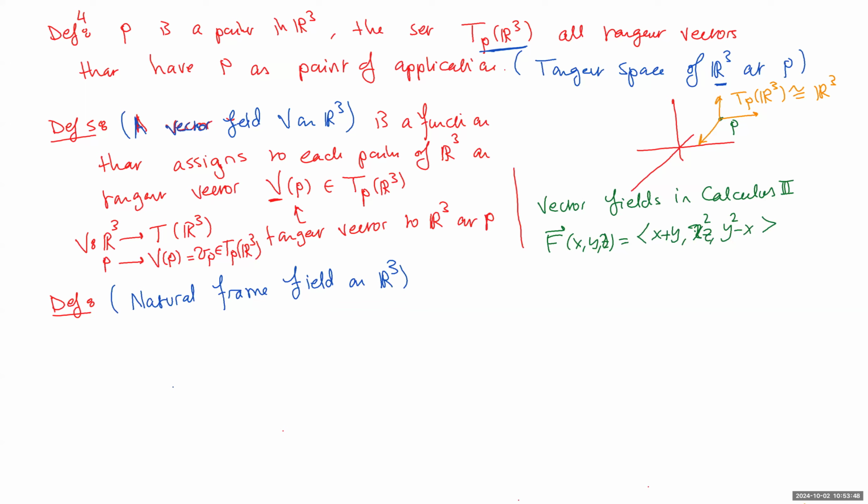So here, the vector fields in Calc 3 took 3 inputs and spit out 3 outputs.